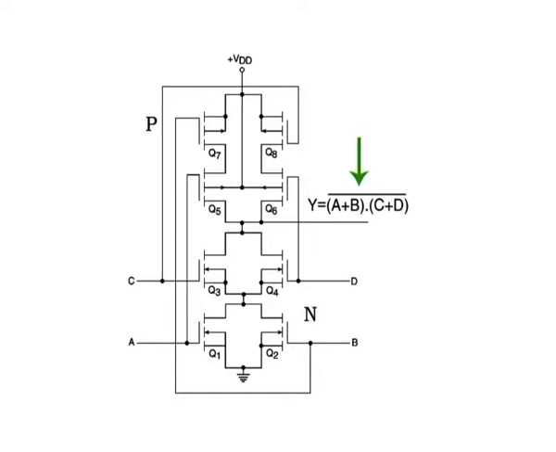The complementary P-channel MOSFET section achieves inversion. Note that the P-channel section is the complement of the N-channel section, with N-channel MOSFETs replaced by P-channel MOSFETs and parallel connection replaced by series connection and vice versa.